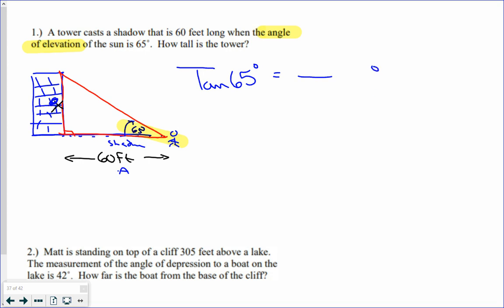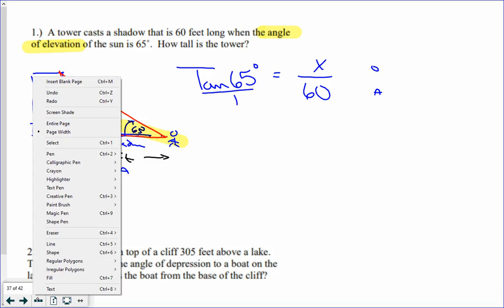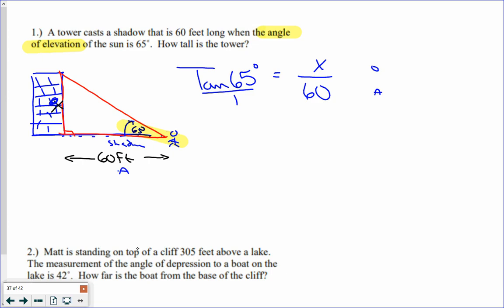So it's OA. So opposite on top, adjacent on the bottom. So it's always angle equals sides. So put that over 1. Find the diagonal that does not have the x. The diagonal that does not have the x is that one. So that is what we're going to multiply.